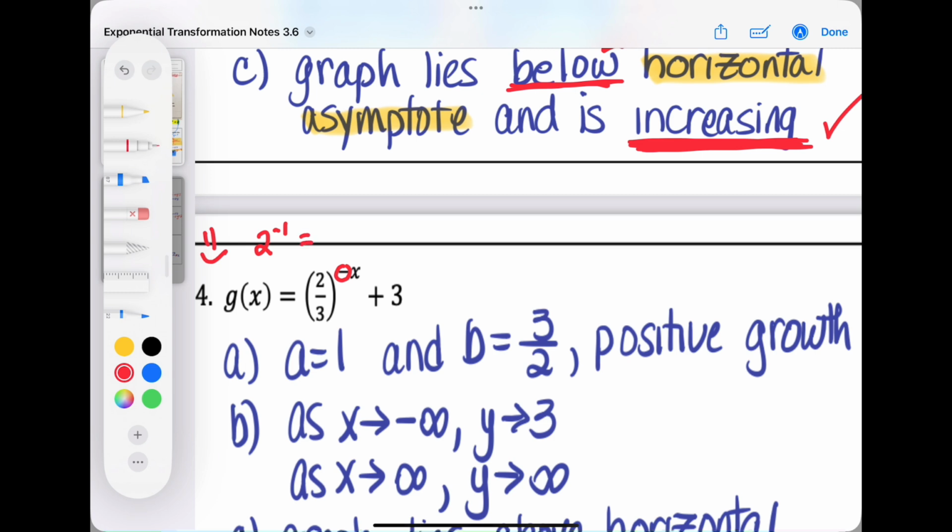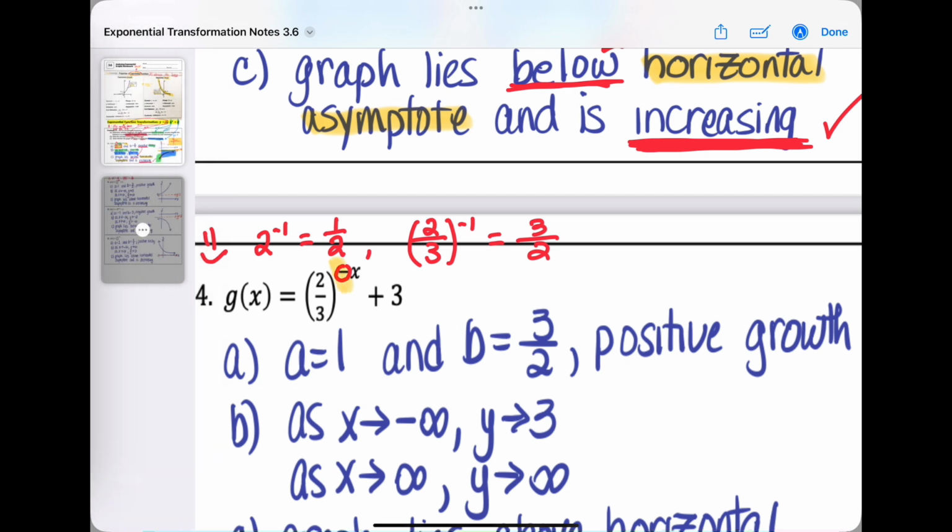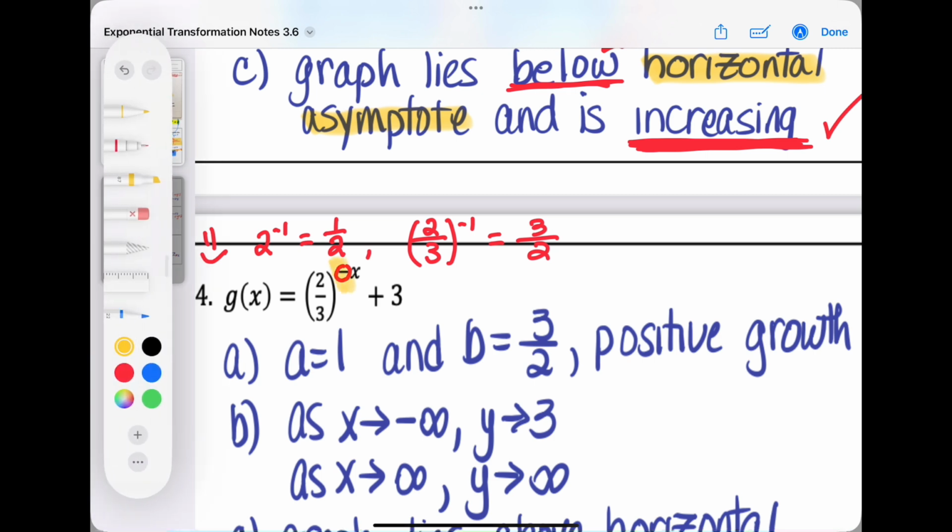When you see the -1, it flips to a fraction, so it becomes 1/2. So when I have 2/3 to the -1 power, I can rewrite that by flipping. So therefore, that becomes what? 3/2. So what will be the cool thing about the exponential? I need to recognize the negative power just tells me I'm going to flip it upside down.